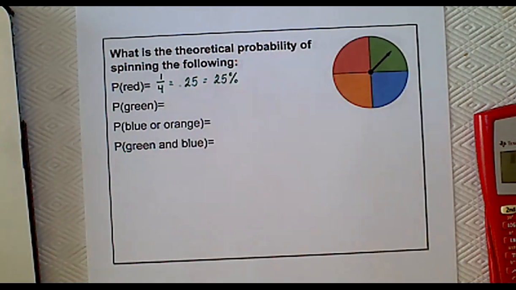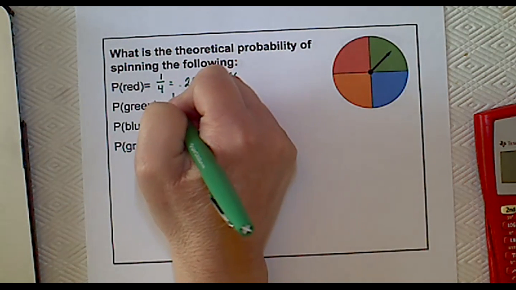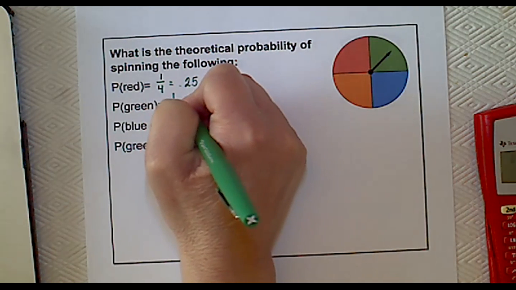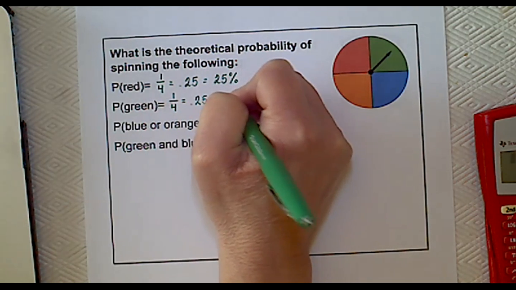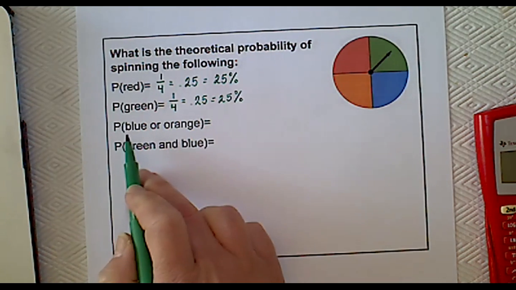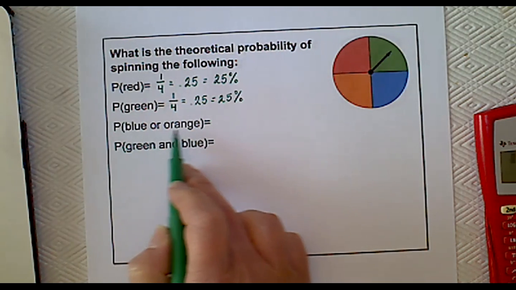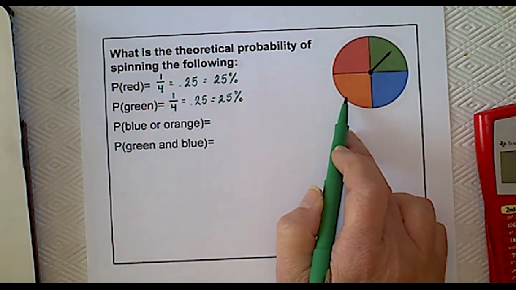And we'll do the same with green. So if I see here, I have 1 green, we have 4 possible outcomes, so we have the same exact answer. Now, when we read this next one, it says blue or orange. I have a blue and I have an orange.